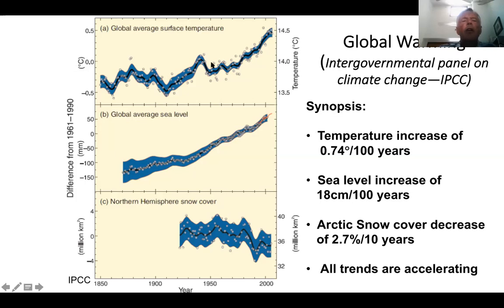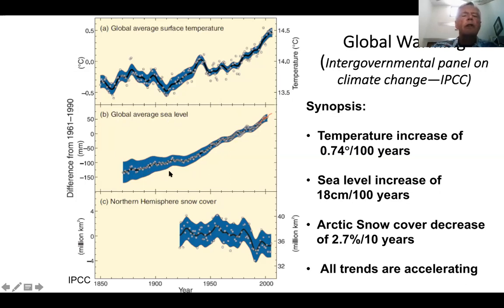So these are the data from which people originally began to infer that there was a global increase in temperature over the last, in this case, about 150 years. This next panel, panel B, is a synopsis of the data on global average sea level change.